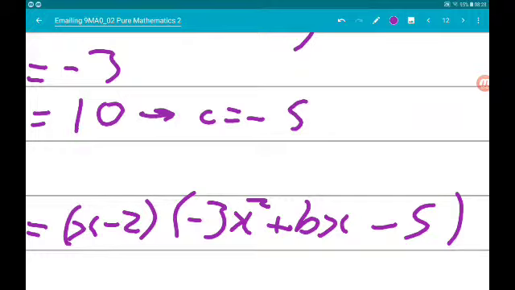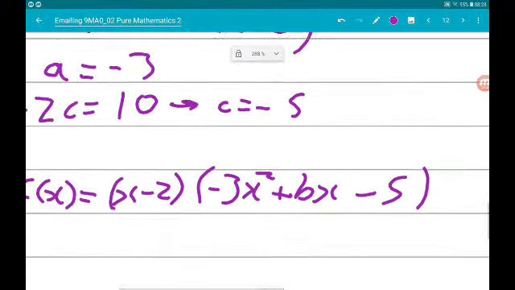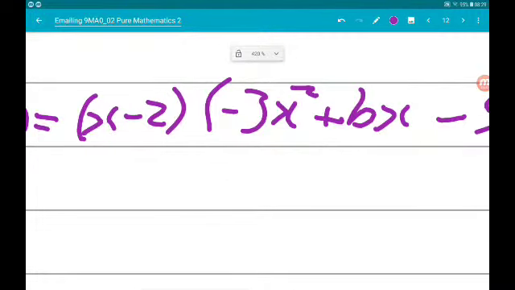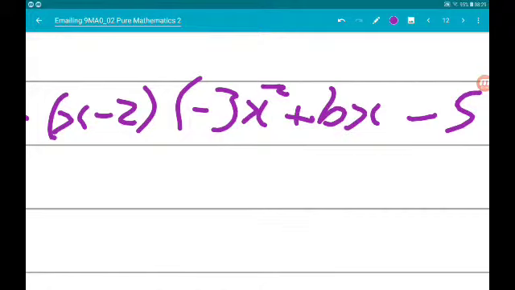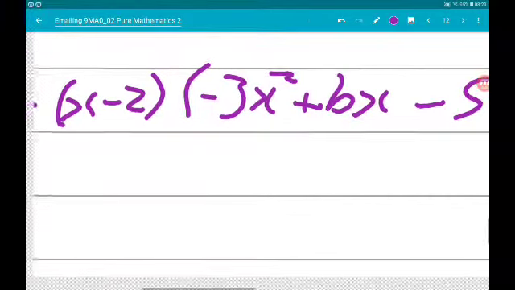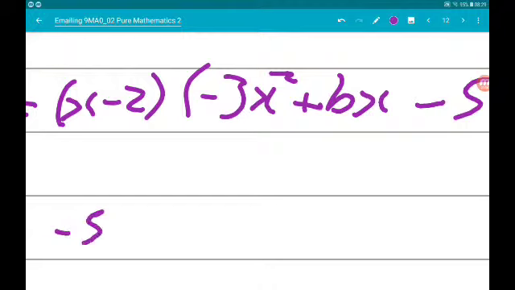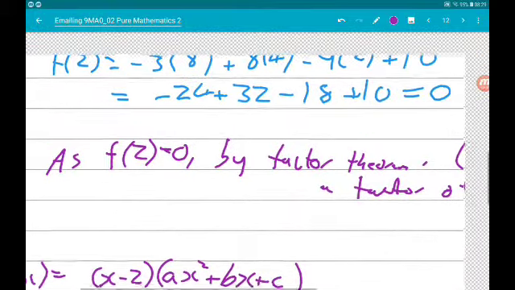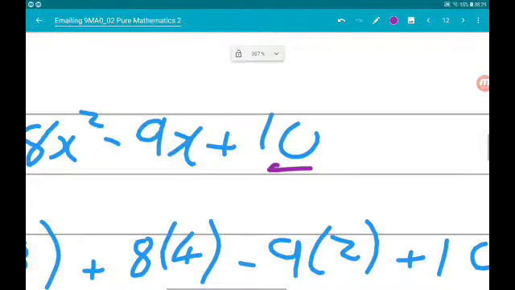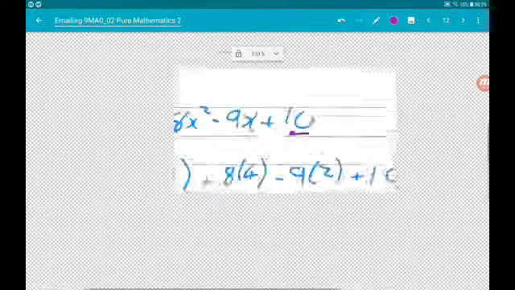So what I'm going to do is get all the x terms that we would get from this expansion. So we would get minus 5x and we would get minus 2bx. Now we know that that has to be minus 9x.